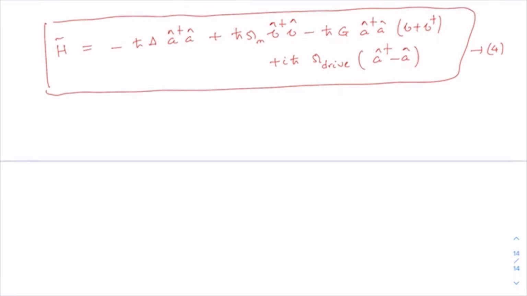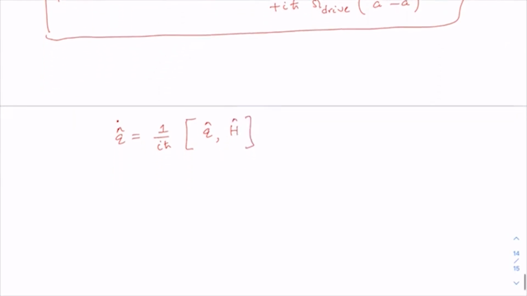For example, q dot is equal to 1 by i h cross [q, H]. This q is an operator, the position operator for the mechanical oscillator. It is very easy to calculate. Similarly, we will have p dot is equal to 1 by i h cross [p, H].